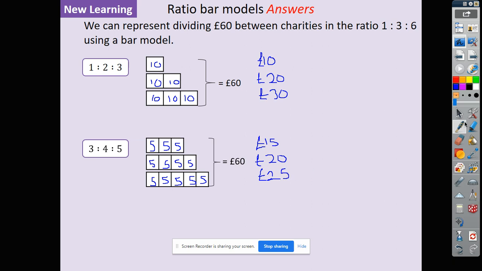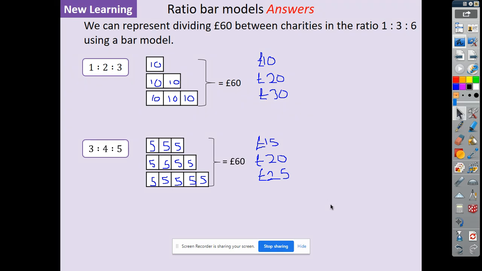Okay, now the last one, if you were up for the challenge, was the n to the n to the n. Okay, now thinking back to our knowledge about algebra, what do we know about using a letter? So you should have been thinking, well, we're using a letter, it's a variable, but we've used the same letter each time. So if we've got n to n to n, these must be the same.